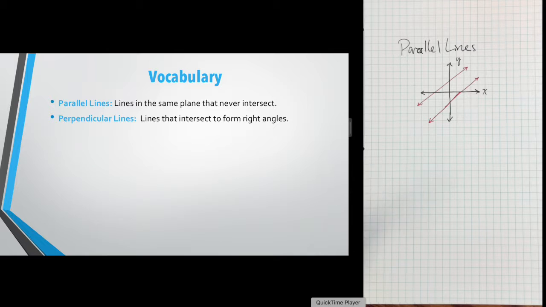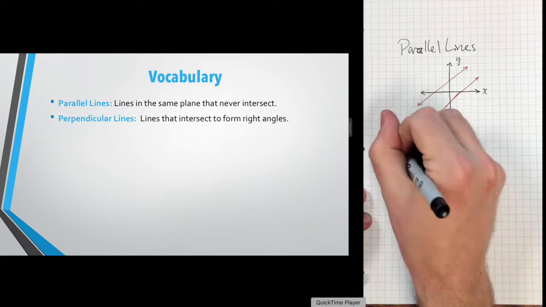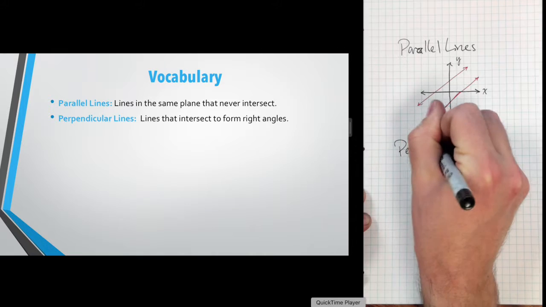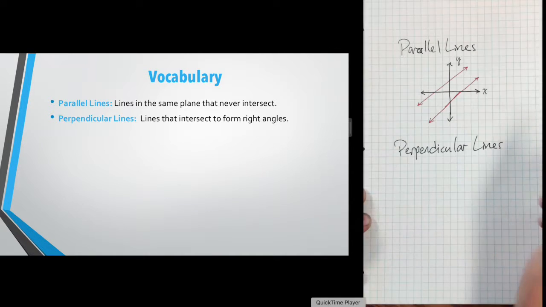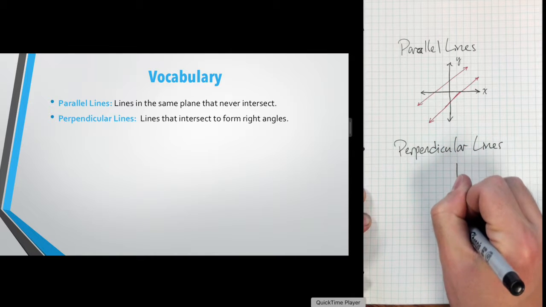Your next word is perpendicular lines. These are lines that intersect to form right angles. Lines that intersect to form right angles. So perpendicular lines, we would have the coordinate plane.